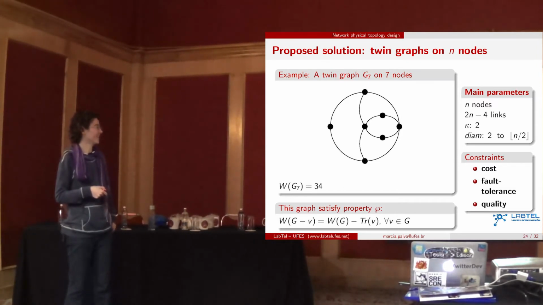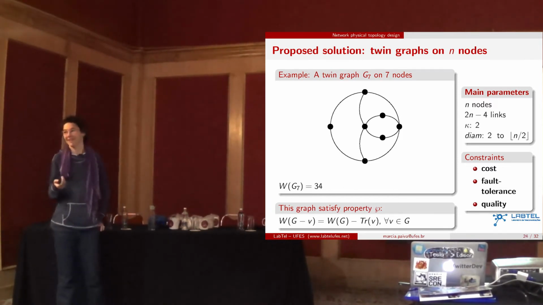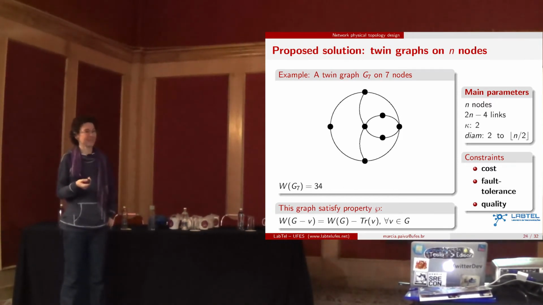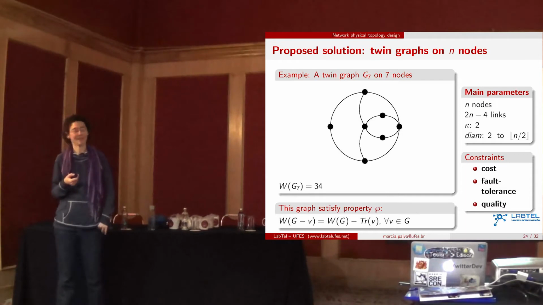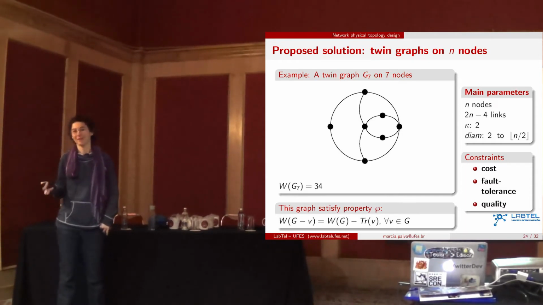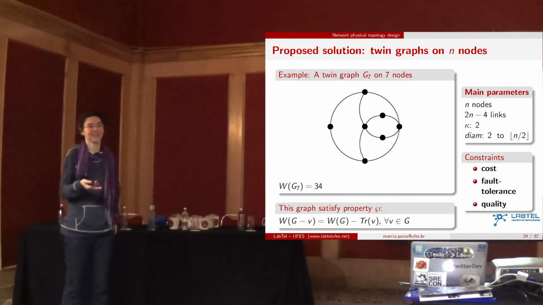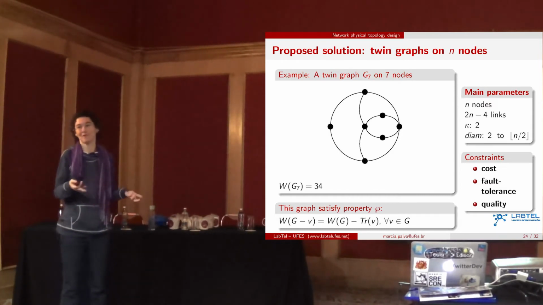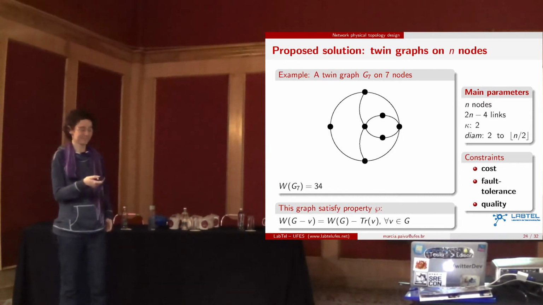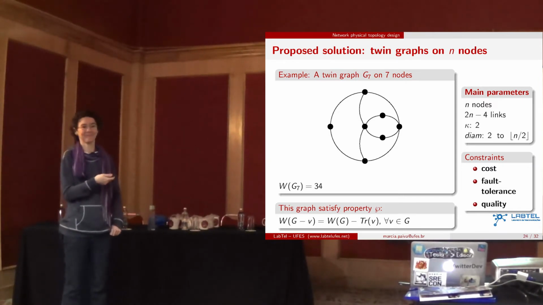Then we can get here 1, 2, 3. Also, when I say two shortest paths, I mean disjoint paths, of course, to be sure that the graph will survive any single failure. Okay?